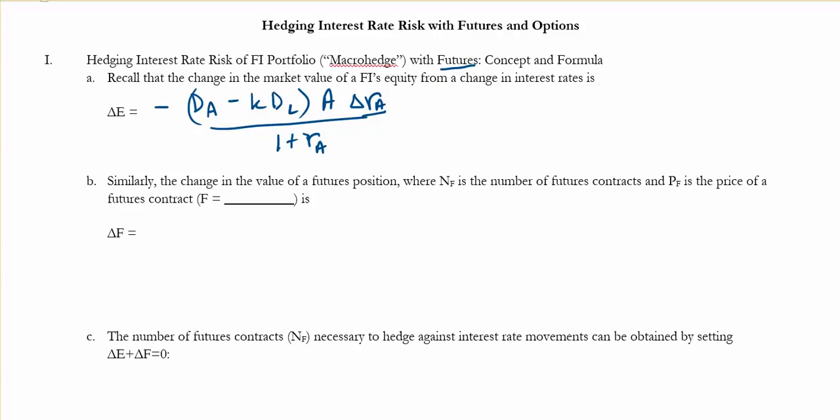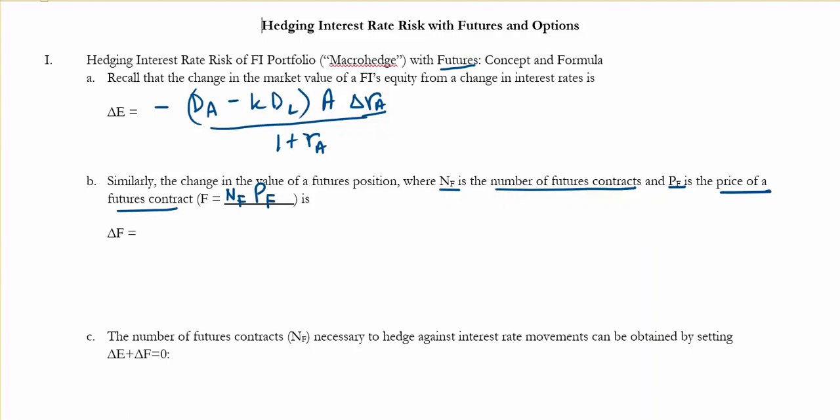And now we're going to talk about the change in the value of a futures contract. So we're going to define NF as the number of futures contracts and PF as the price of a futures contract. Therefore, the value of the whole position will be the number of contracts times the price per contract.